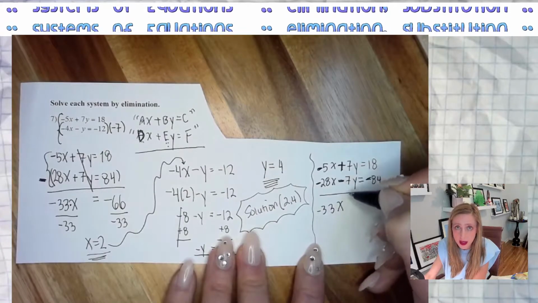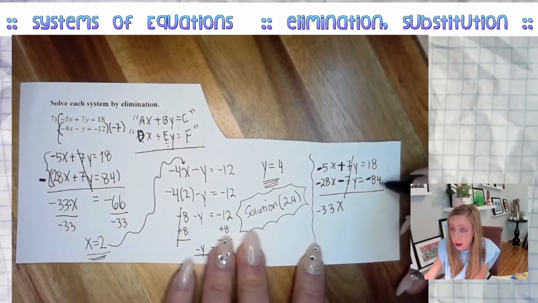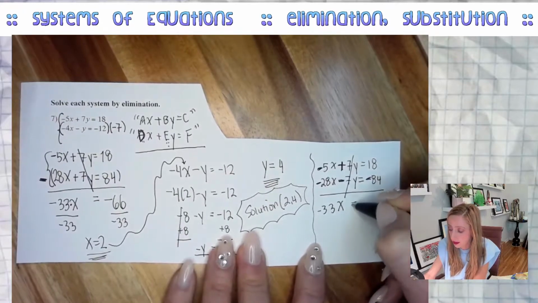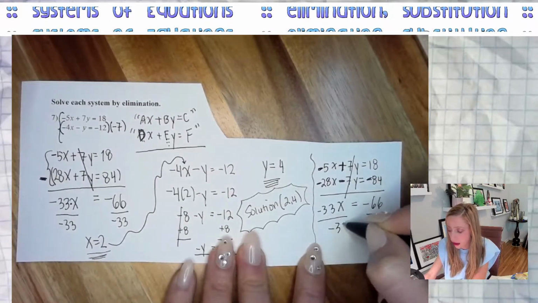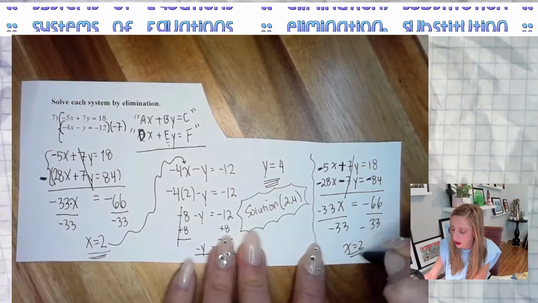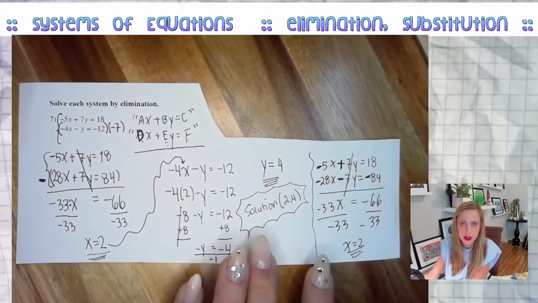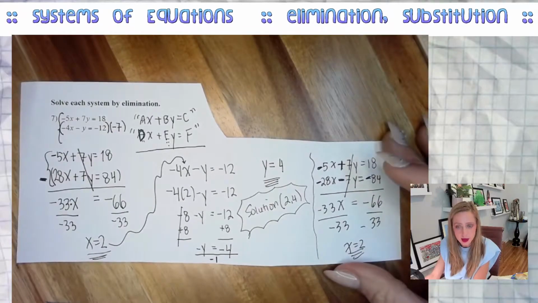Positive 7y plus negative 7y, eliminated. 18 plus negative 84, negative 66. I still divide by negative 33, and I still get that x is equal to positive 2. Again, you just go back, plug it in, and get the y, and you write the ordered pair, okay? So that is number 7.